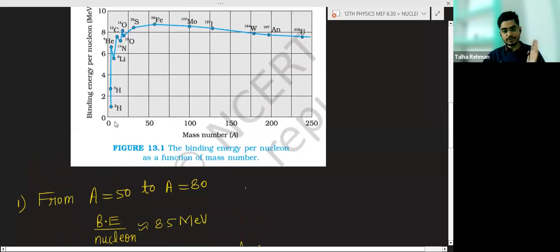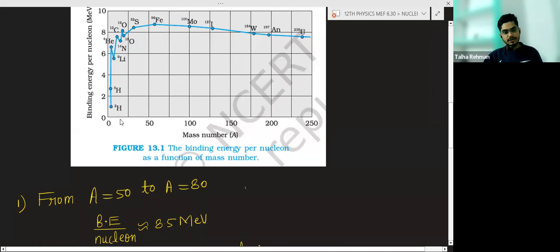Now we will see from the graph, from 0 to 50 mass number, you can see the binding energy is approximately 8.5. Here this is 8, here somewhere will be 8.5.